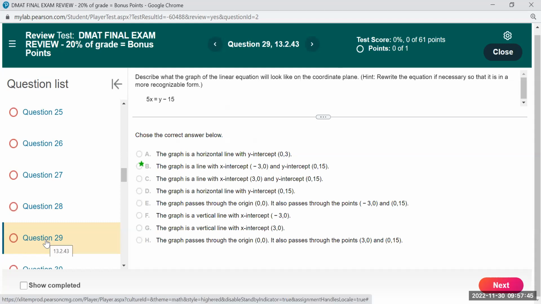Describe what the graph of the linear function would look like on the coordinate plane. Rewrite the equation if necessary. 29. 5x equals y minus 15.